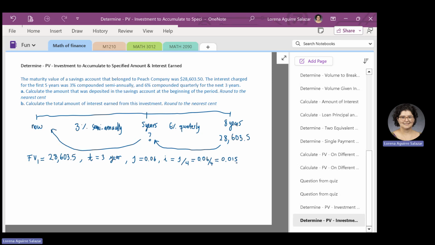That's the periodic interest rate during the last 3 years. As for the total number of compounding periods, we compute n by multiplying the compounding frequency 4 by the time in years, 3. There are 12 compounding periods in those 3 years.